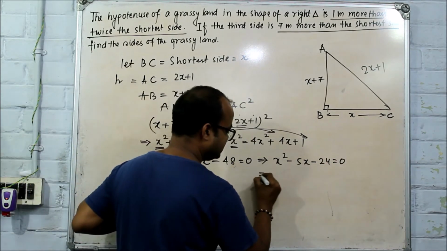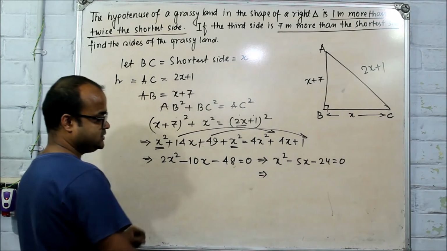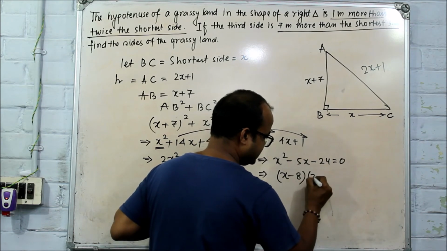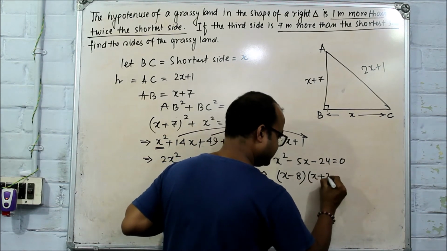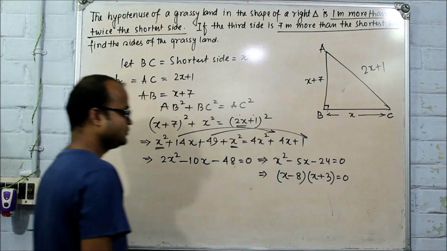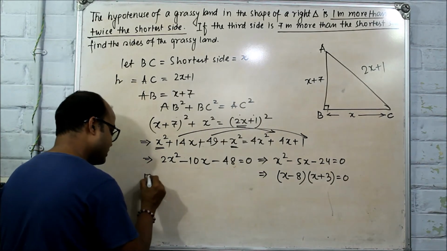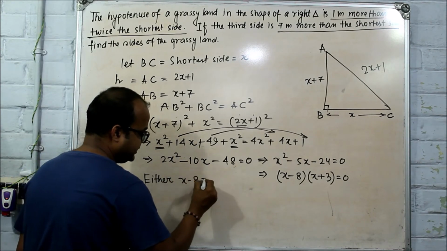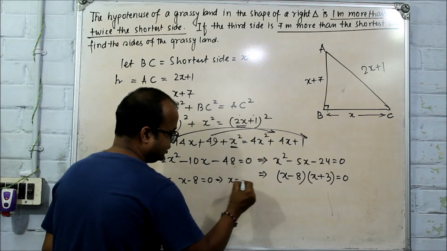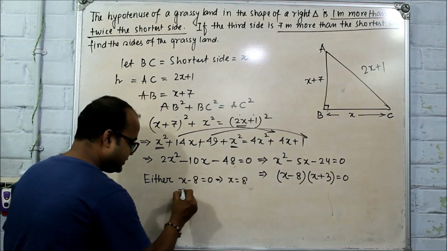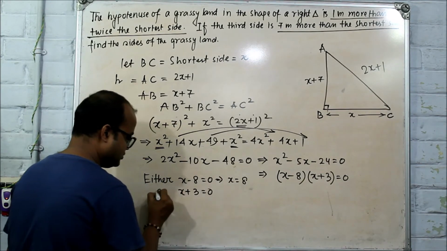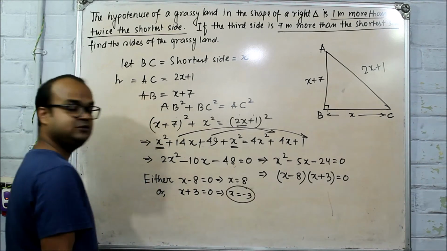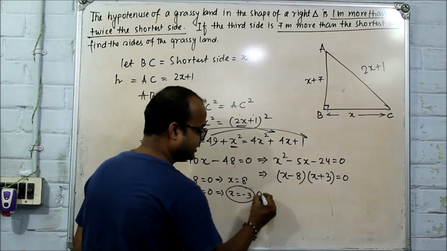If I solve it using the factorization method, the 2 factors will be (x minus 8) and (x plus 3) equal to 0. So from here, either x minus 8 is equal to 0, which implies x is equal to 8, or x plus 3 is equal to 0, which implies x is equal to minus 3. Now x is a length, so it should not be negative, so here we write not applicable.